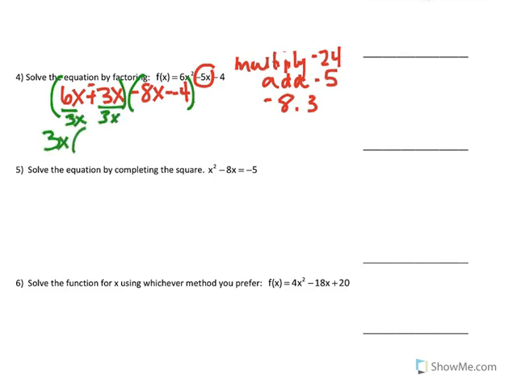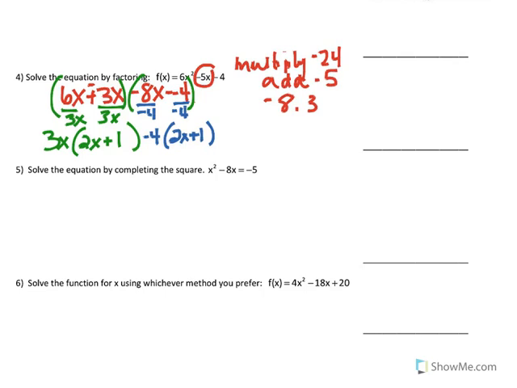So I'll do 3x, and then whenever I divide, I'll be left with 2x plus 1. And then on the other side, I see that I can pull out a negative 4. And when I pull out a negative 4, I'm going to be left with the same thing, 2x plus 1.